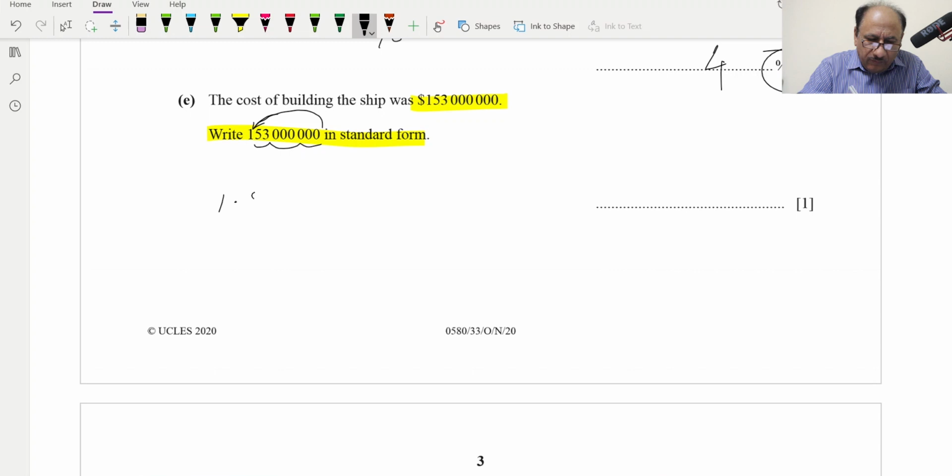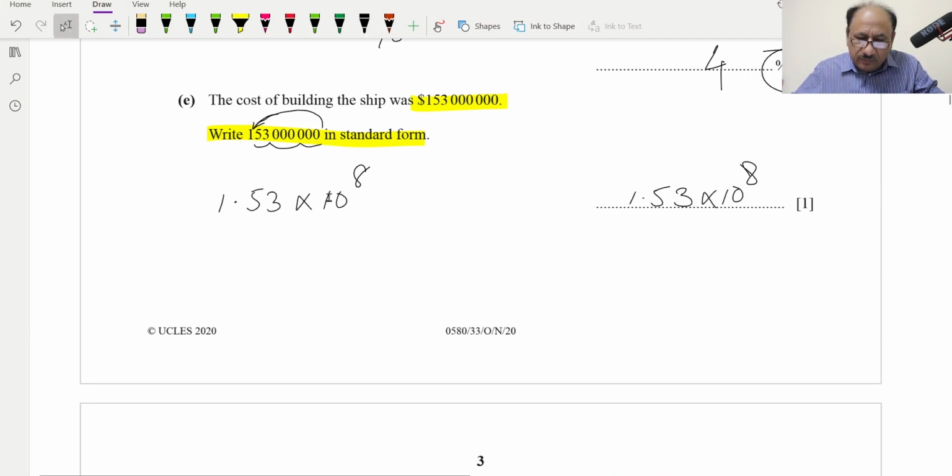So 1.53 into 10 raised to the power 8. This will be our final answer. Jumps to the left give a positive power. If jumps are to the right, then it will be negative.